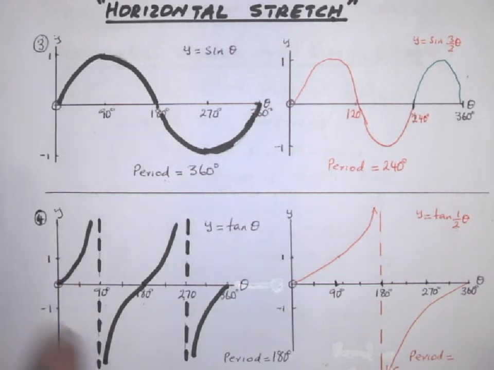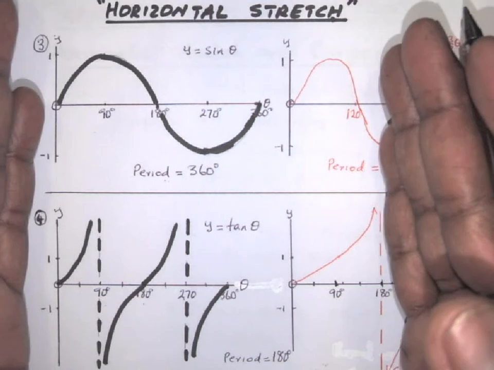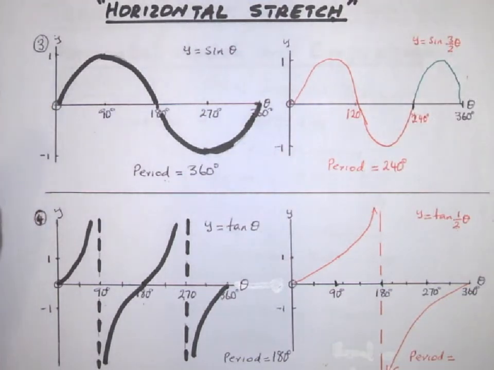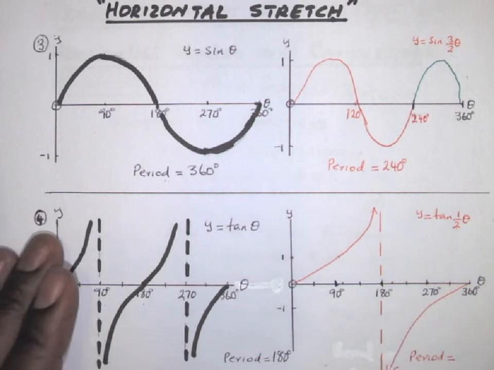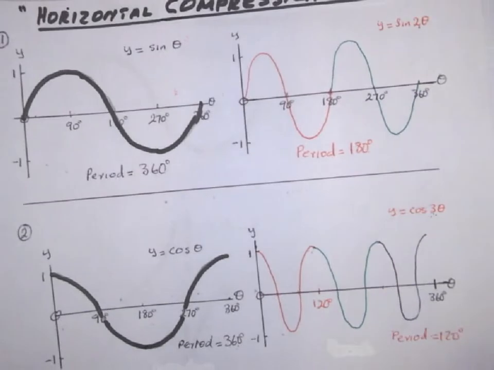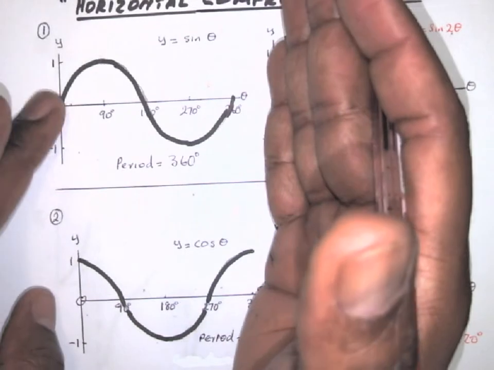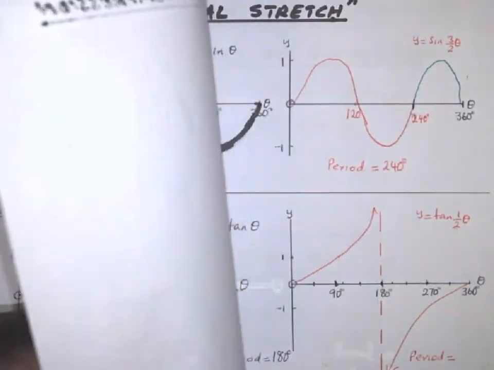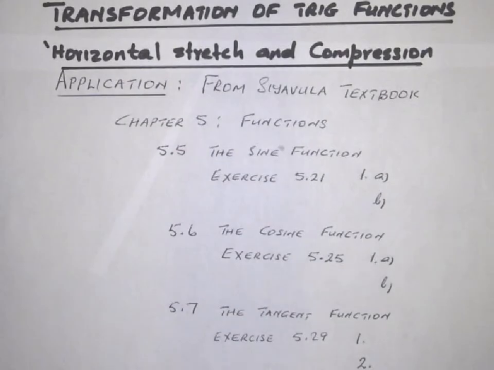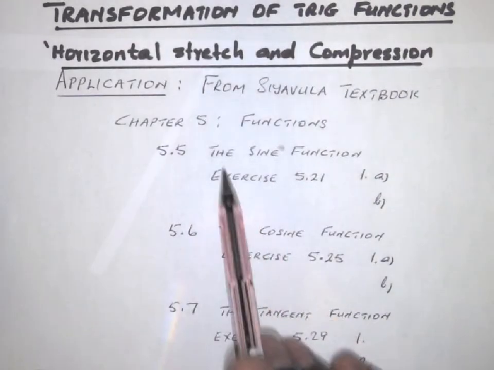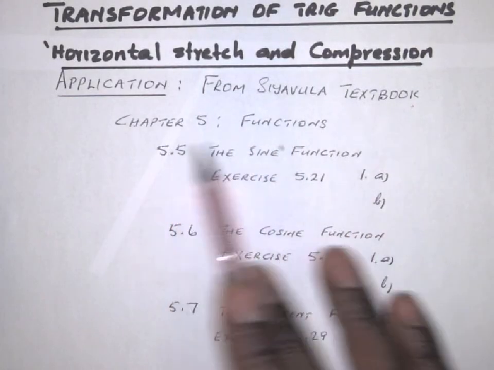So now we've looked at the horizontal stretch, and from the previous one we've looked at the compression, where we're compressing the function like pushing. Hold here, you push. Now you can try on your own some of the examples from your Siyavula textbook, chapter 5.